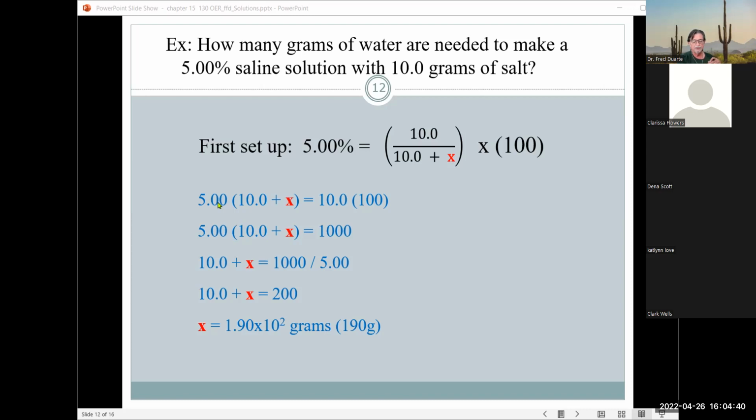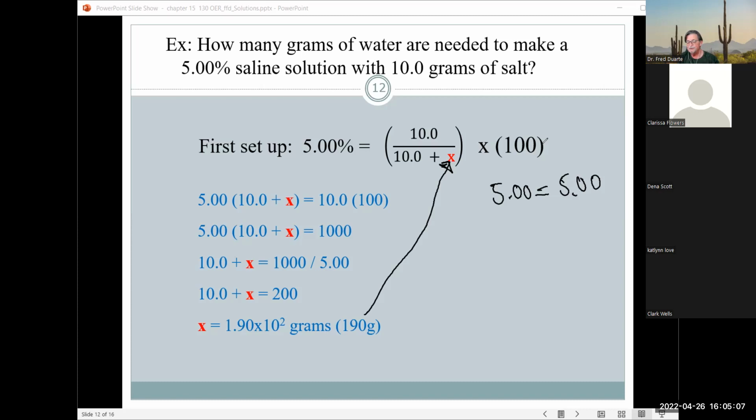All right, so the question at this point is, well, how do I know if 190 is correct? Well, quite simple. You take your answer and you plug it back into the equation you set up, and do the math. And what you should find at the end is that 5.0 will equal 5.00, which is a true statement. 5 does equal 5.